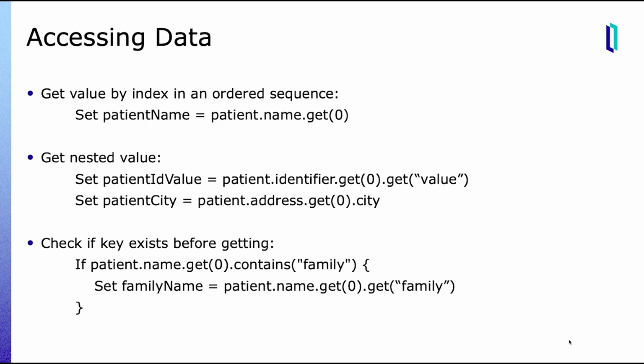You can also access named elements like patient ID value: you are getting the patient's identifier, getting the first entry, and then getting the value out of a key value pair. So you see the same get interface supports both positional access as well as named access. And that is sufficient to access all of the complex FHIR structure that Patrick was showing earlier.